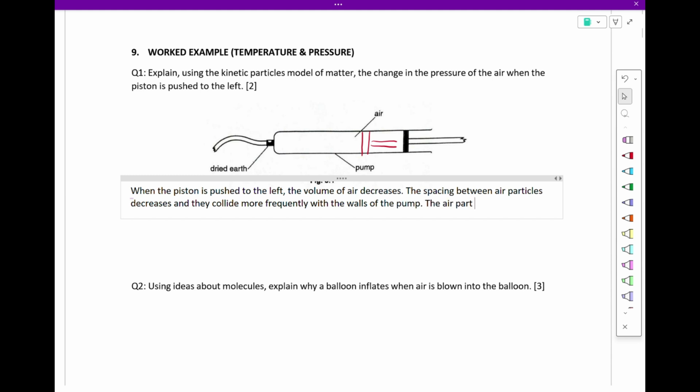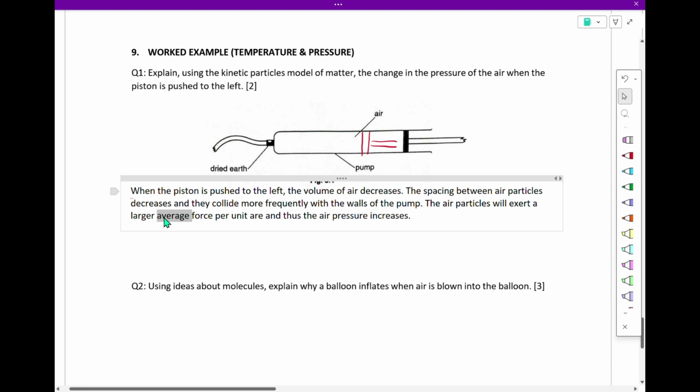The air particles will exert a larger average force per unit area, and thus a larger pressure. And thus, you can also say that the air pressure increases. Okay, so yes, I need the word average.